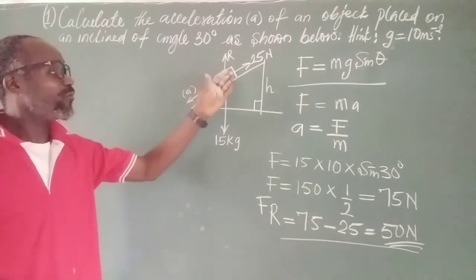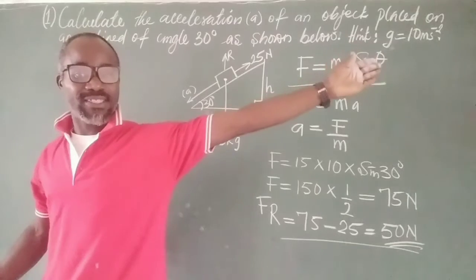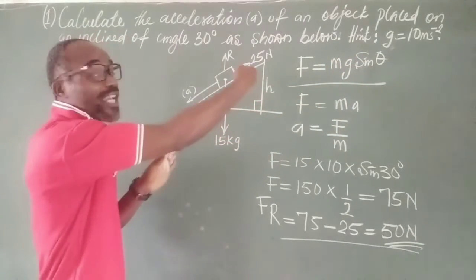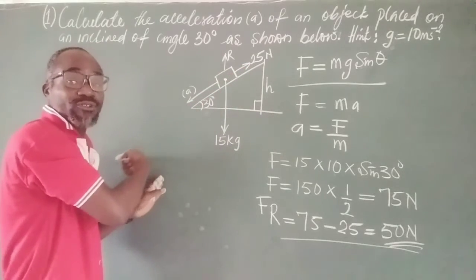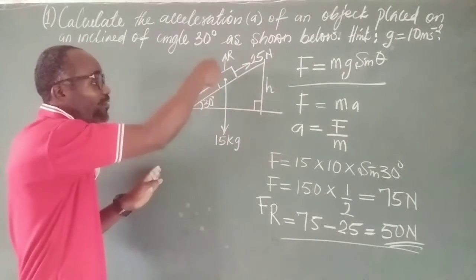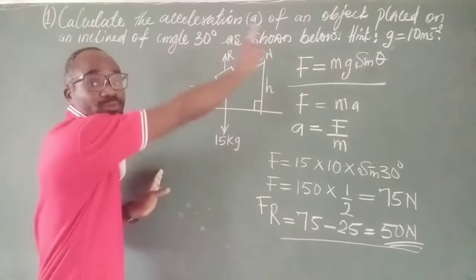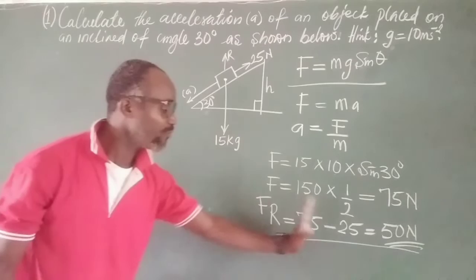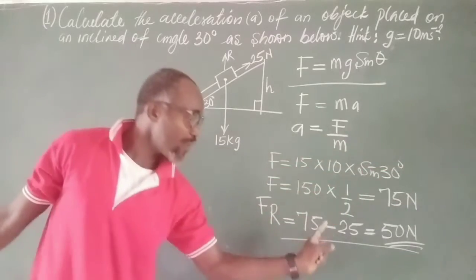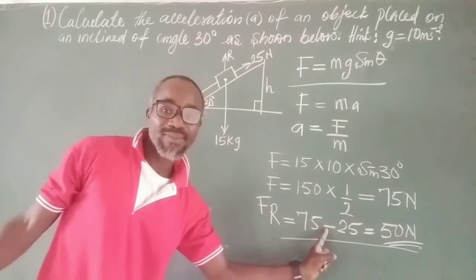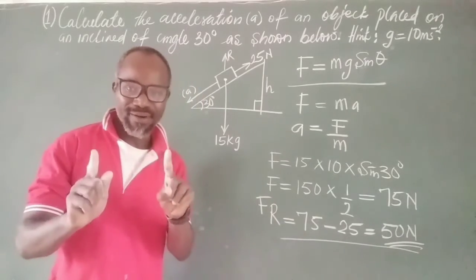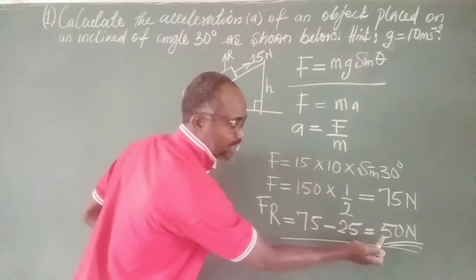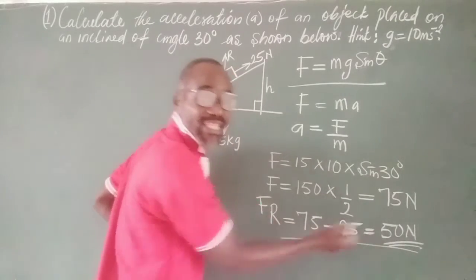Remember, the first force is pulling it in the opposite direction, while the object itself is sliding in the other direction. So we need to find the force acting downward and the force pulling it in the opposite direction. That is what we have done, the resultant force, because they are opposites. That's why we're using a minus sign. Remember, it's very simple. So after that, we have our resultant force equal to 50 Newton.